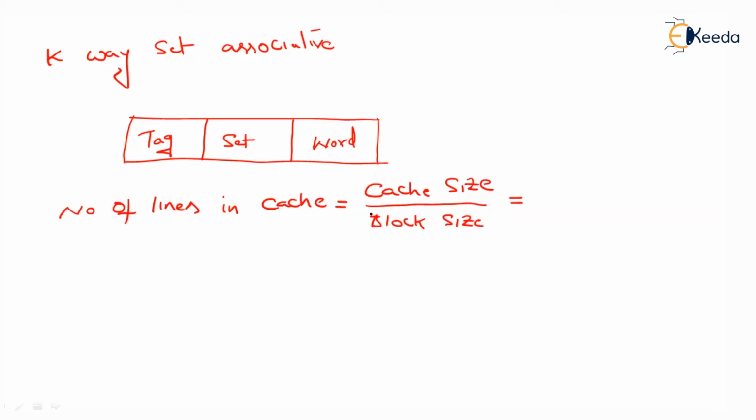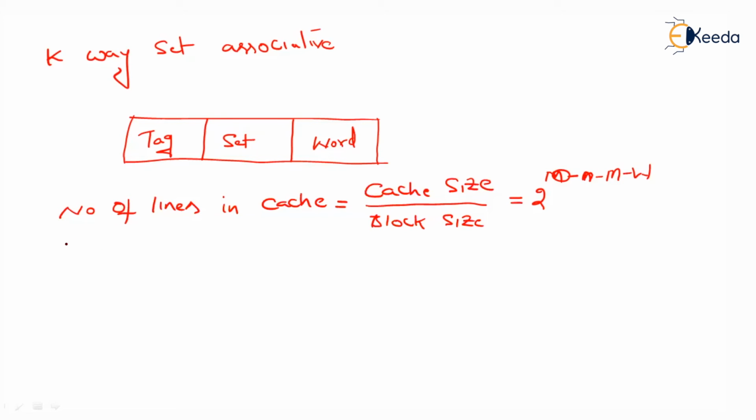So the cache size is equal to 2 power n, and the block size is equal to 2 power m plus w. So when we perform the subtraction, the number of lines in the cache will be equal to 2 power n minus m minus w.